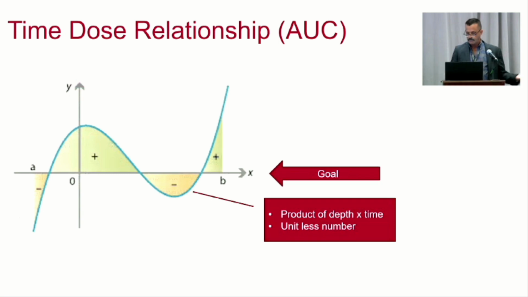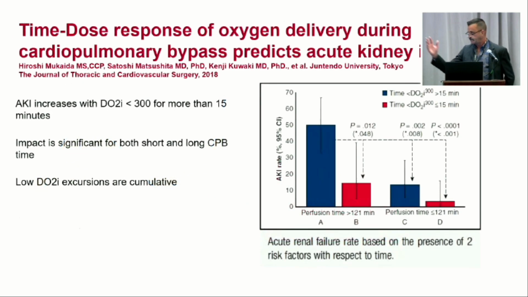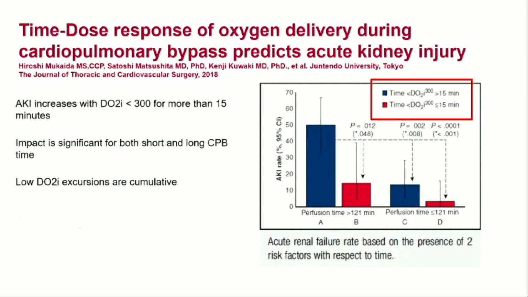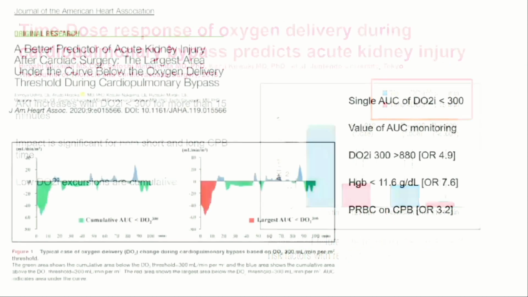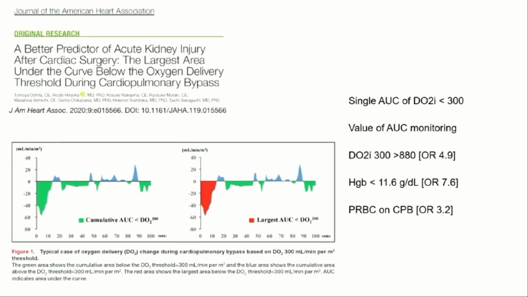We know from many good studies, mentioned by Rob and others, Mukaida, for example, showed that if your DO2 is less than 300 for more than 15 minutes, you have more AKI. Oshita showed a single large area under the curve is predictive of AKI, as well as the cumulative sum over the case. So these become a bit more challenging.